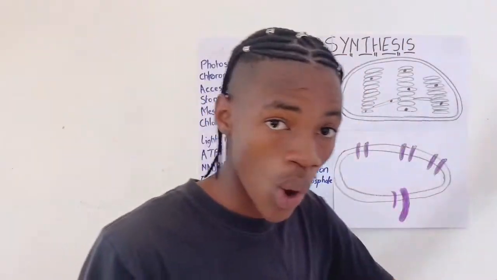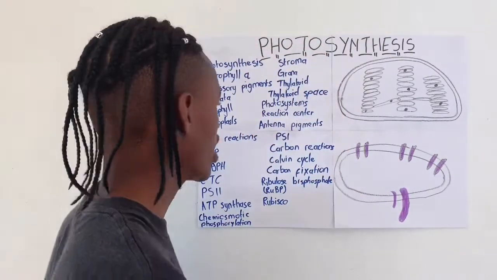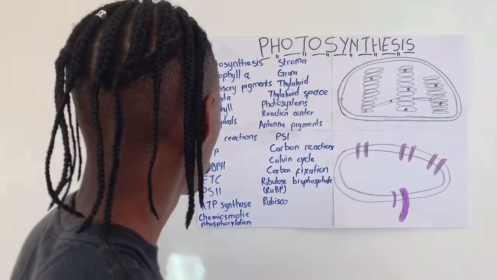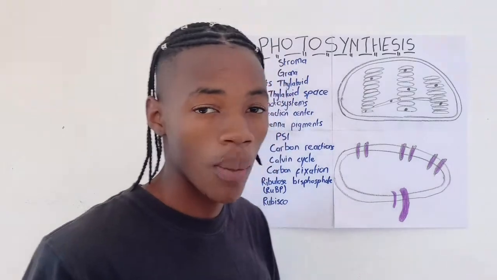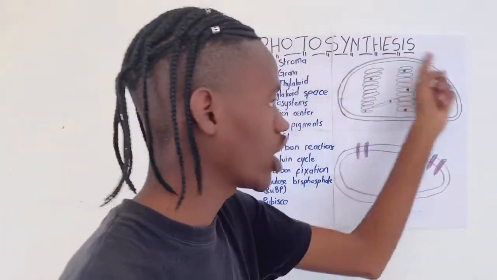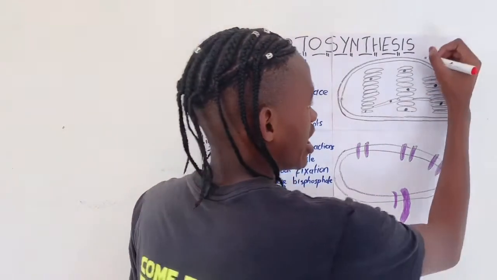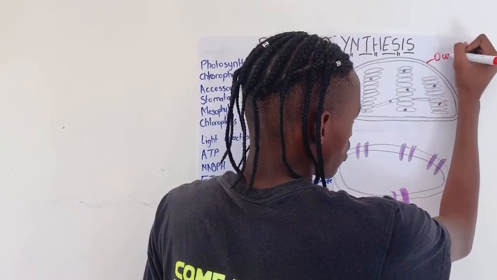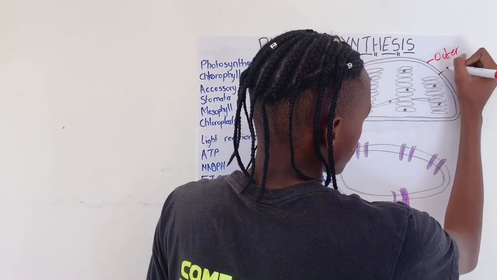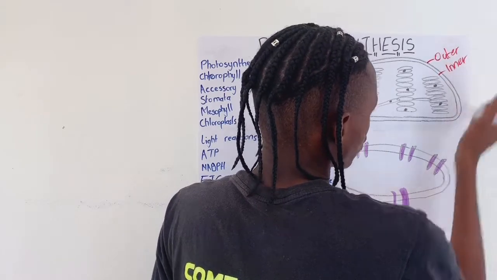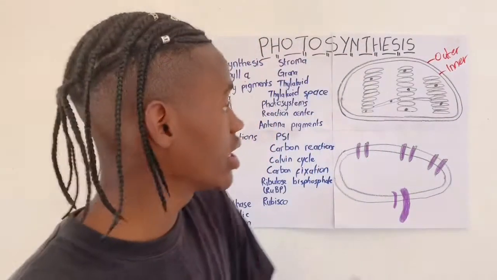So this is the organelle, and within the organelle we have the stroma. The organelle has two membranes, an outer membrane and an inner membrane.